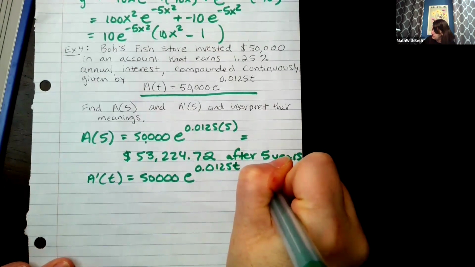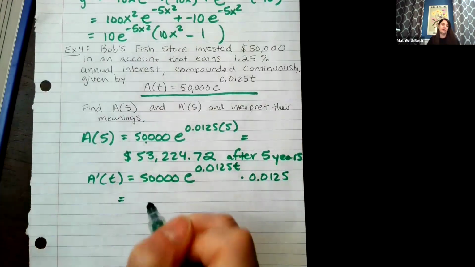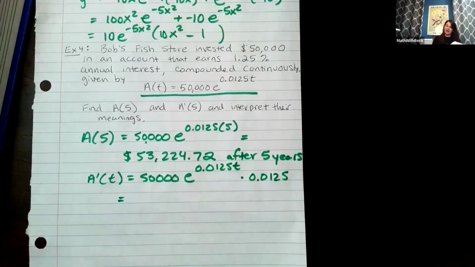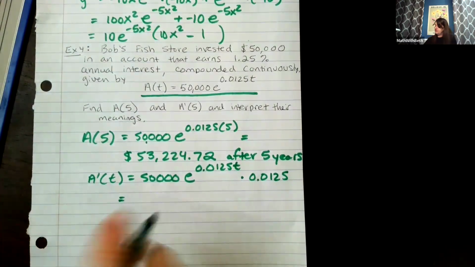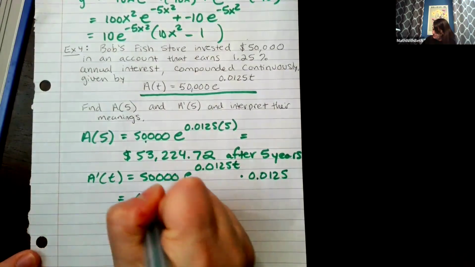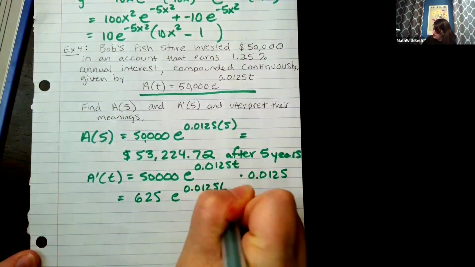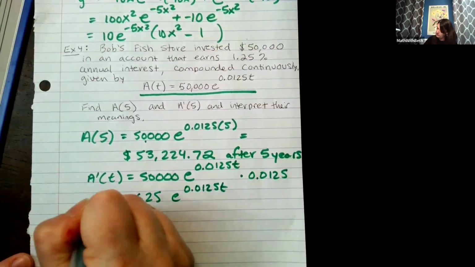And so the derivative would just be that decimal. So to make this a little nicer, I can do the 50,000 times the 0.0125, which gives me 625. So this is just me making it as nice as I can before I now go to plug in 5.